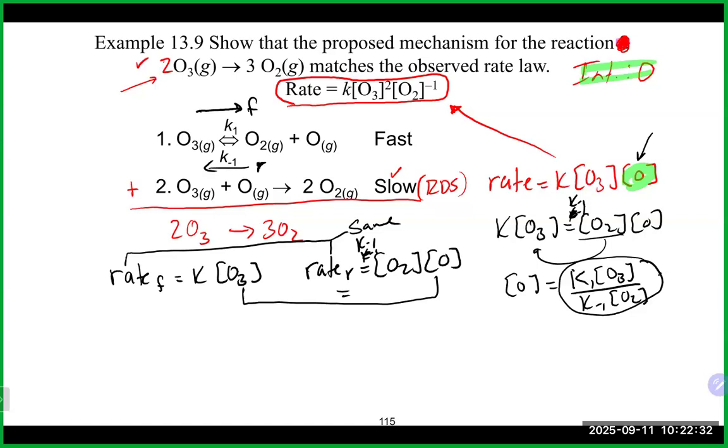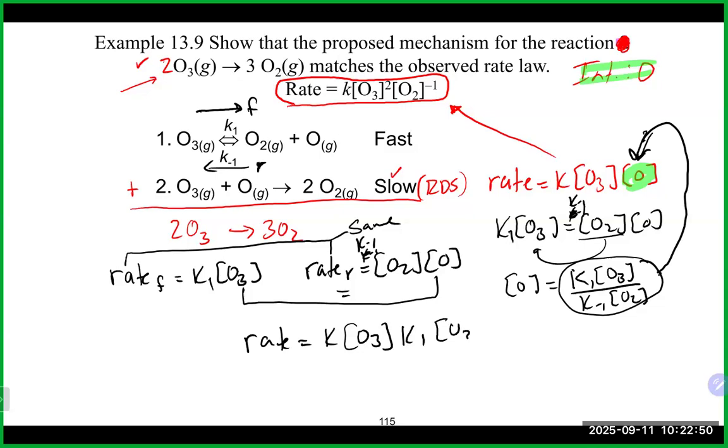We're going to take this entire thing because that does equal the O, and we're going to pop it into our original rate law. That will give us the rate is equal to K to the 1 O3 times K O3 divided by K to the -1 O2.